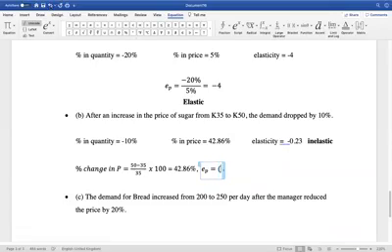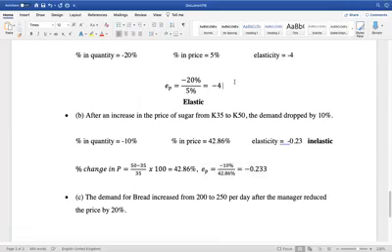This is what gives us negative 0.23. And we have said this is inelastic because if you ignore the negative, this number is less than 1. Okay, so that's all for the second question.